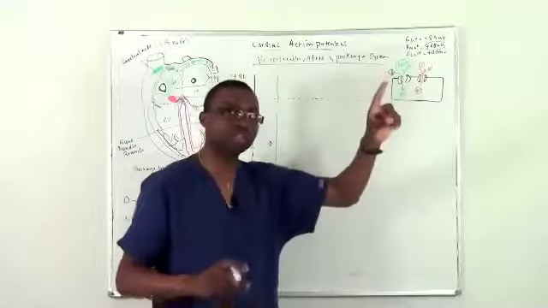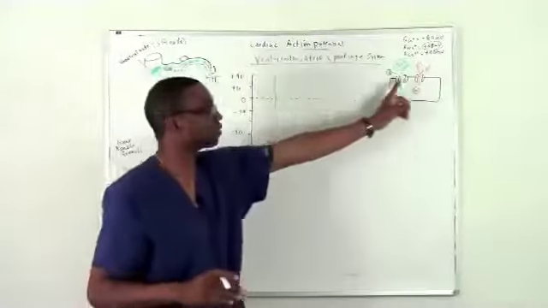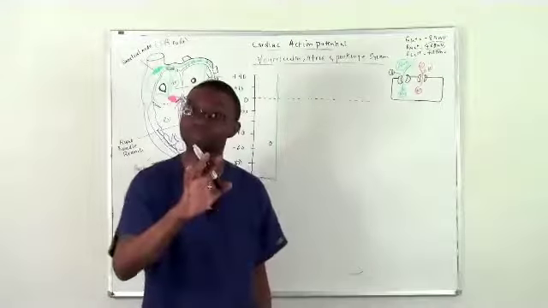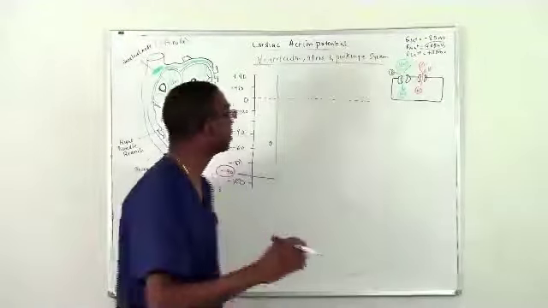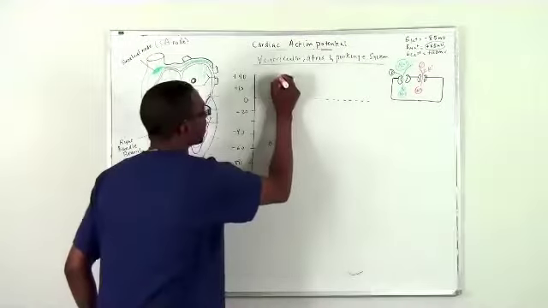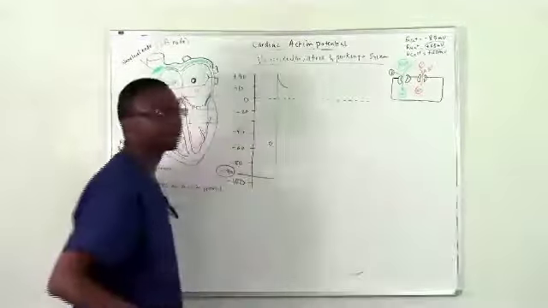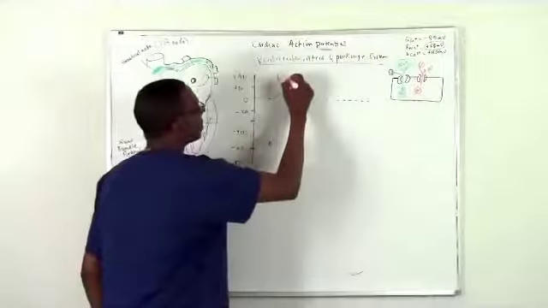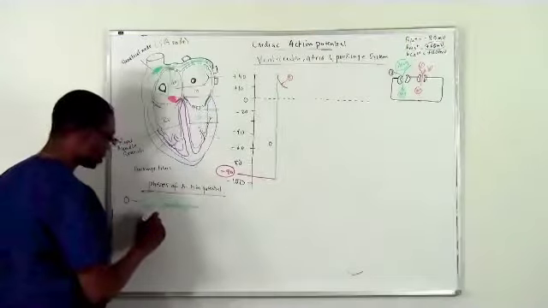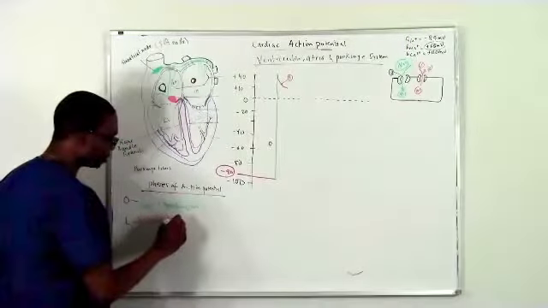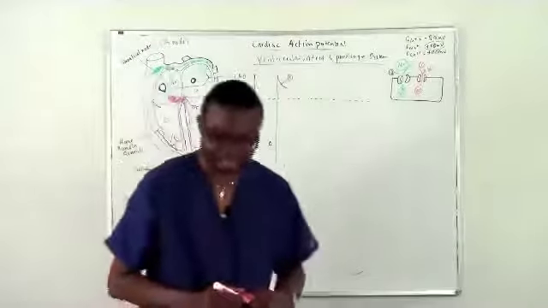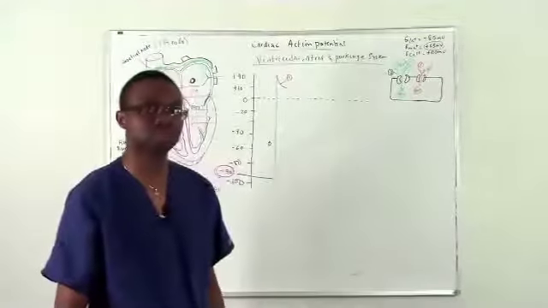So potassium goes out, and it prevents this sodium channel from continuing to open to allow more sodium inside the cell, because now it says stop the depolarization, you've done your job. So what you see in the graph is a little dip that comes down like that. See that? That is phase 1, called initial repolarization of the cell.